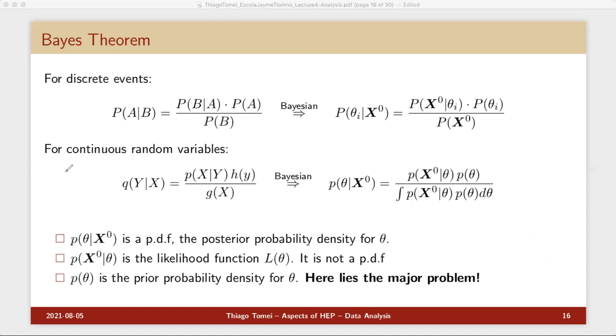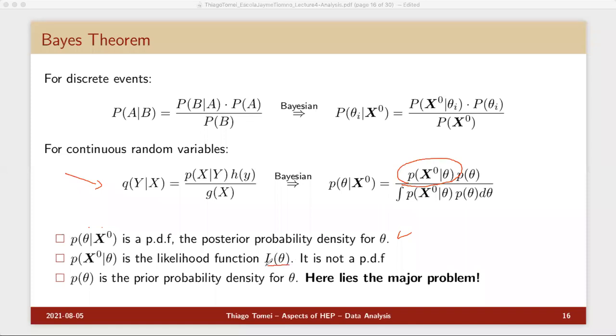Of course, if you do continuous random variables instead of discrete events, it comes like this. So now we can say, the probability of the parameter given the data is a probability density function. Fine. But this thing here, the probability of the data being what I observed, given a parameter, is not a probability density function.